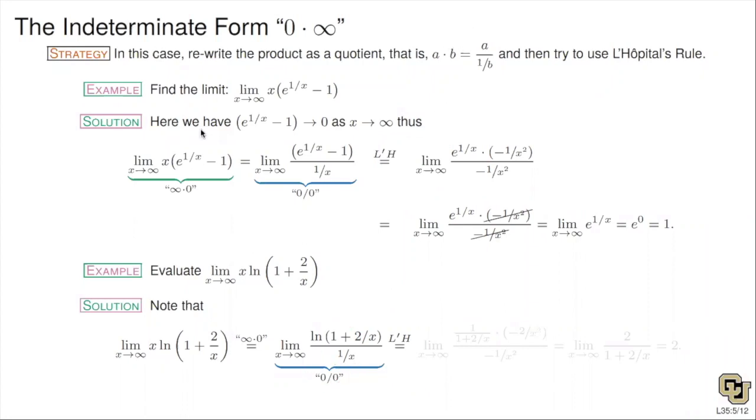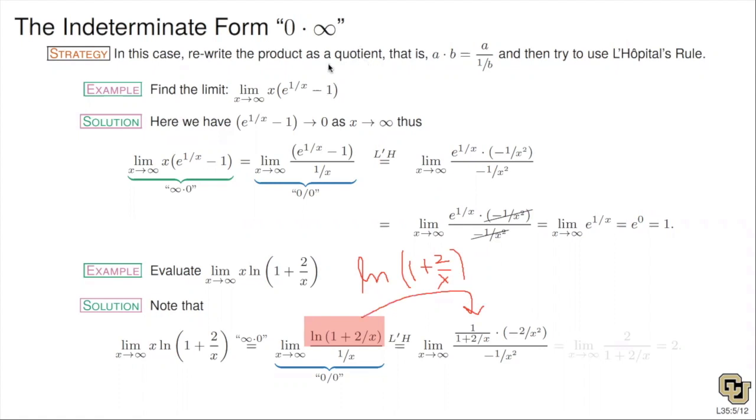So derivative of the numerator, now be careful here, I need a chain rule. ln of 1 plus 2 over x, that's a composition. The outside function is ln, the inside function is 1 plus 2 over x. So remember, the derivative of ln of x is just 1 over x. So here the derivative of the ln evaluated at the inside would be 1 over 1 plus 2 over x.